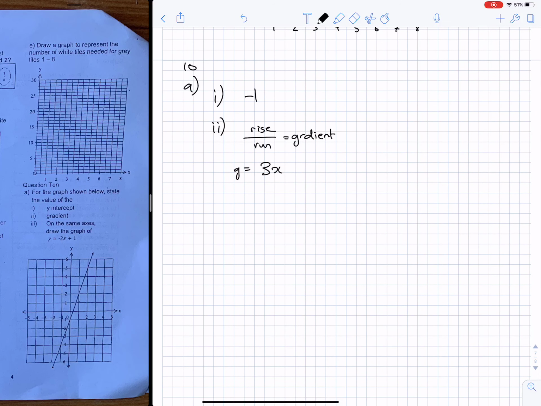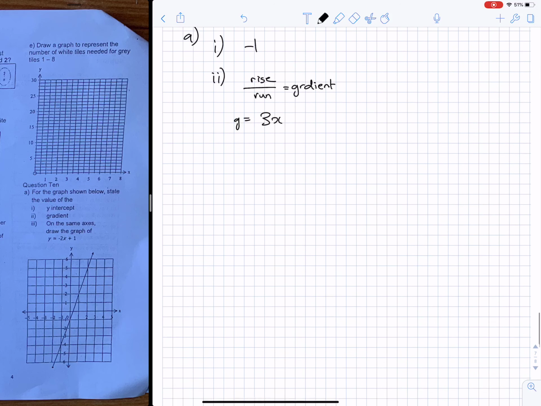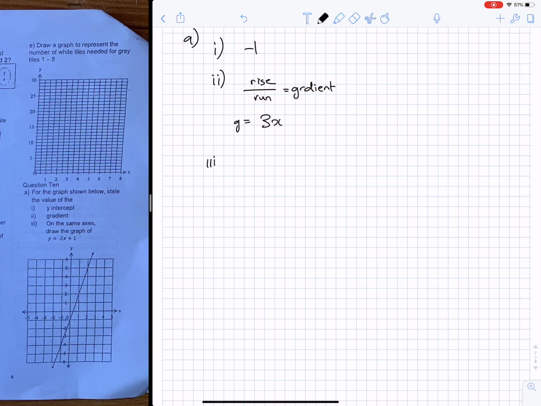And then it says, okay, so it says number 3 is, on the same axis, draw the graph. Okay. So this will be the middle.